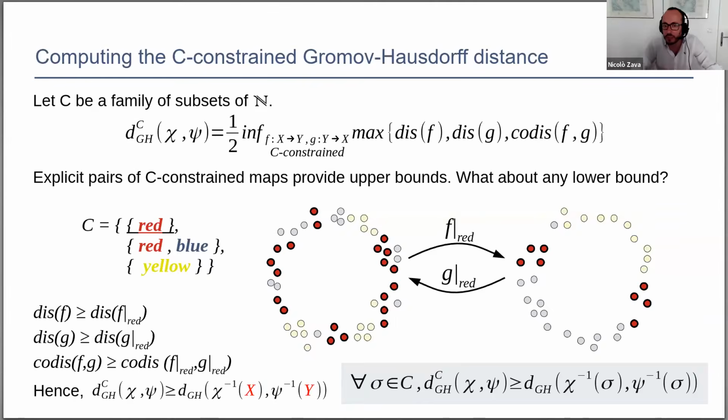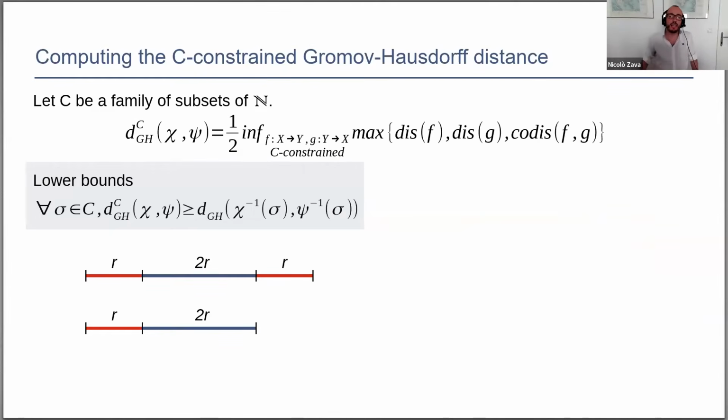How useful is it? Well, you can actually use it to provide interesting lower bounds in some settings. Let's consider these following two metric spaces. I'm working with the discrete constraint set, meaning red must go to red, blue must go to blue.